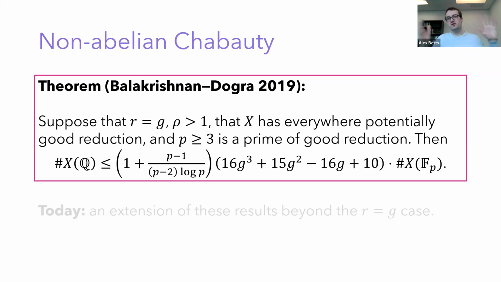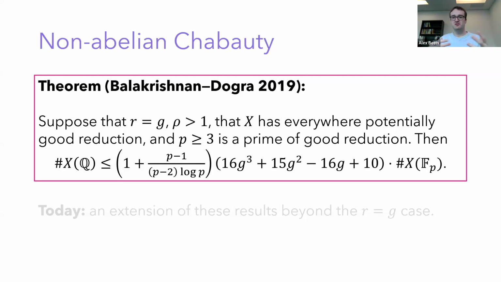So I think the overall aim of what I'm talking about today is firstly to give you an idea of where these sorts of results come from. How does one use non-abelian Chabauty to bound numbers of rational points? What things does one need to do?